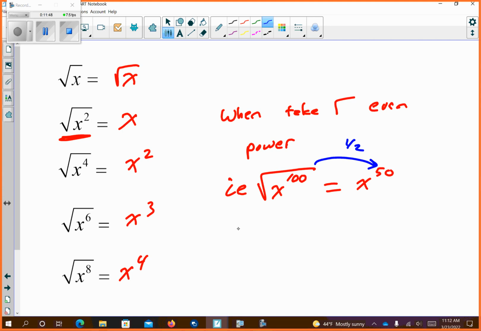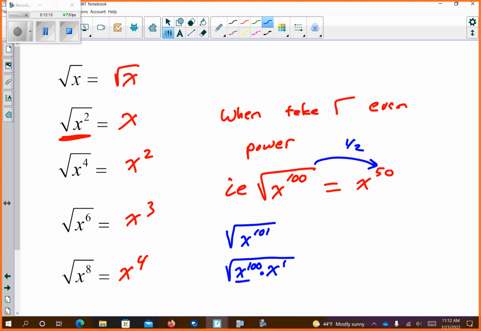Okay, now here's a question. What if I had this? Is 101 an even number? No. But could I take this same problem and do this? X to the 100th times x to the first.